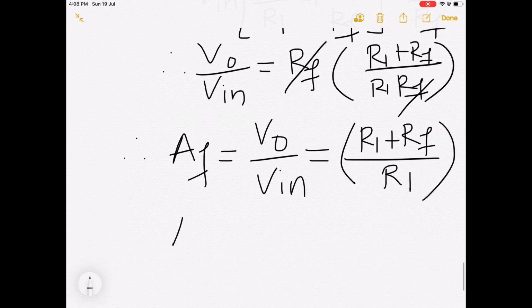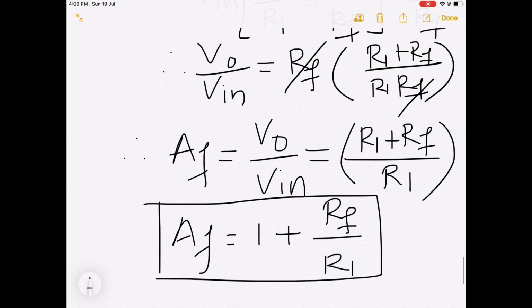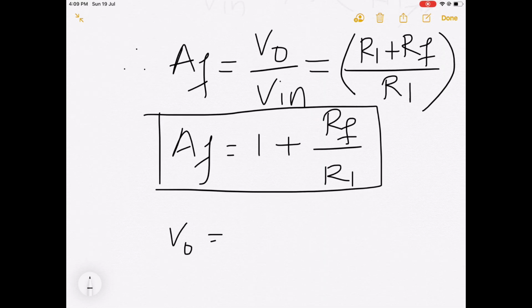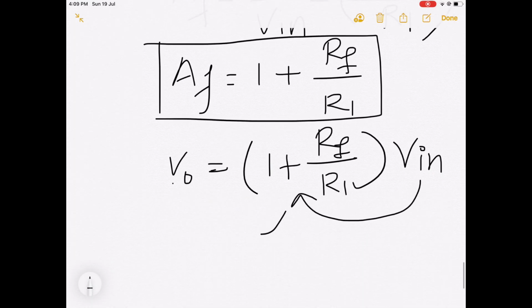So, here AF is equal to 1 plus RF upon R1. This is the gain of the non-inverting amplifier. So, VO is equal to 1 plus RF upon R1 into Vin. That means your input voltage gets amplified by this gain and you will get the output voltage VO. So, this is about the non-inverting amplifier circuit.